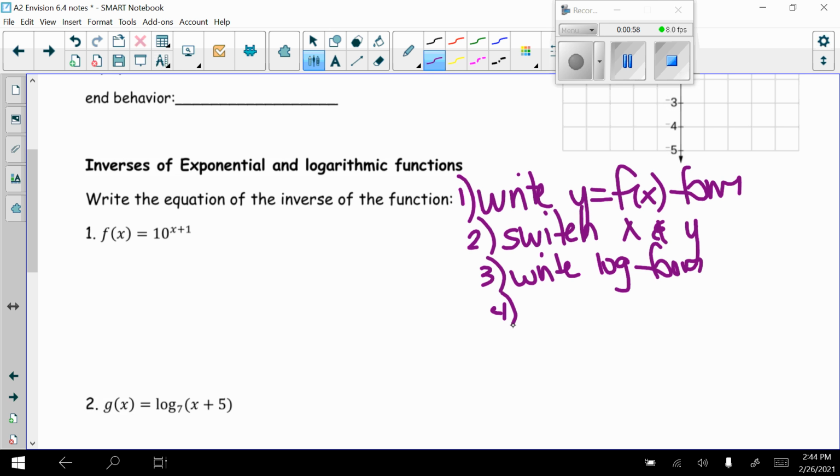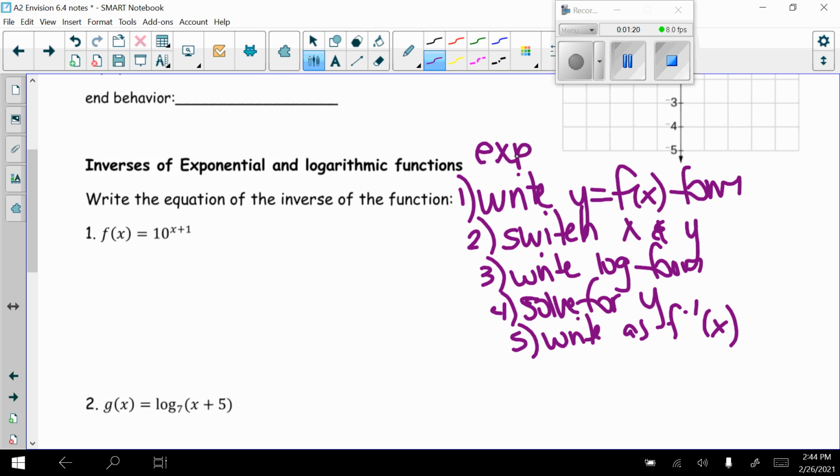After we write in log form, we will solve for y. And then finally, write as inverse. So this is when you start with exponential. So exponential to the inverse, which is a log.